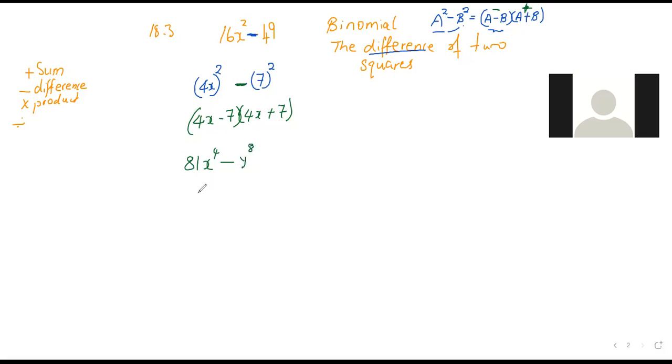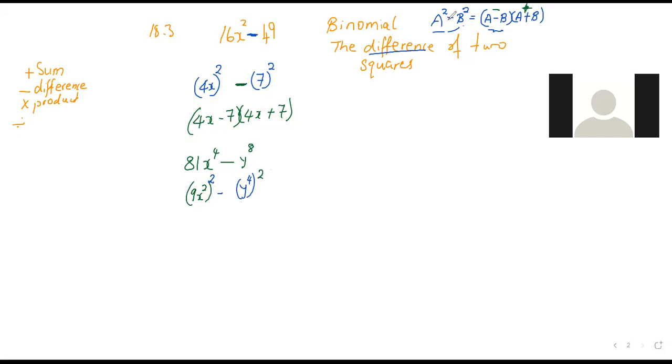This can be written as (9x squared) squared minus (y to the power of 4) squared.